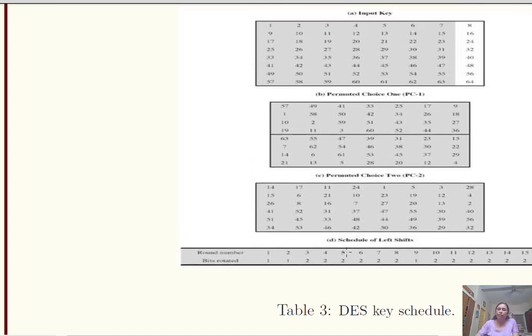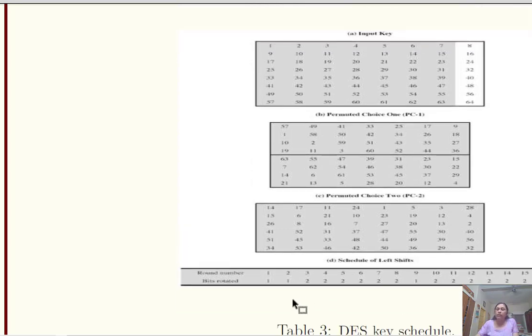After giving the left shift to the left 28 bits and the right 28 bits, you get a 56-bit string, and you have to shrink it into 48 bits using permuted choice 2, the second permutation. Some bits are discarded according to this specification.